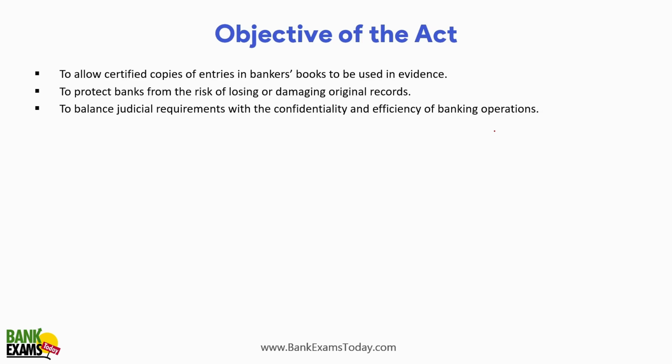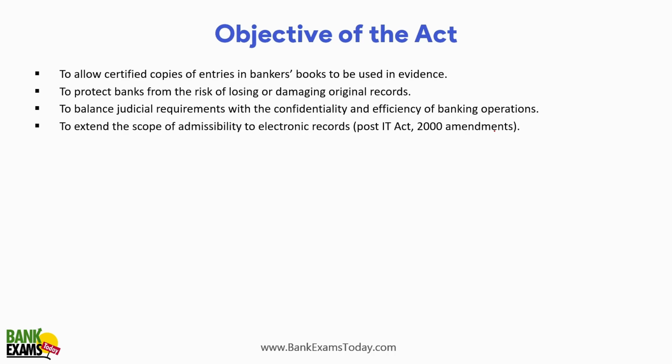To balance judicial requirement with confidentiality, now the courts are happy and the bank is also happy. And to extend the scope of admissibility to electronic records. Nowadays, even electronic records are acceptable. The copies of electronic records are also acceptable as evidence. They can be certified and they are acceptable at the court.